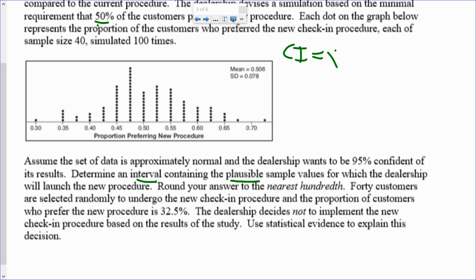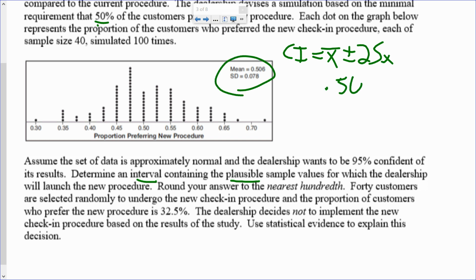Confidence interval is the mean plus and minus 2 times the standard deviation. I want you to pause, calculate the confidence interval, and then unpause. Okay, so I'm using these values right here.